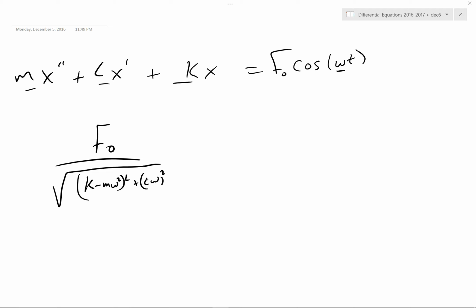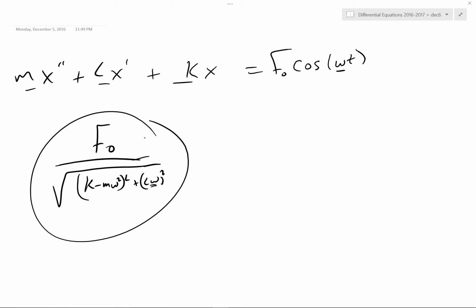When you solve for the value of omega, it will give this thing a maximum. And from that, what you're going to find is that's what's called practical resonance.